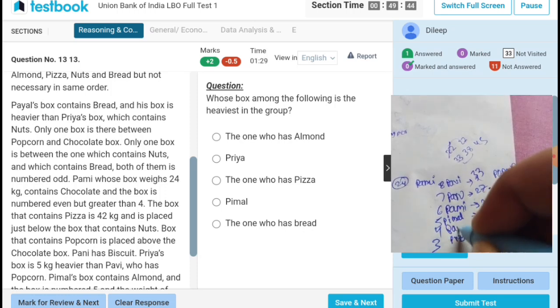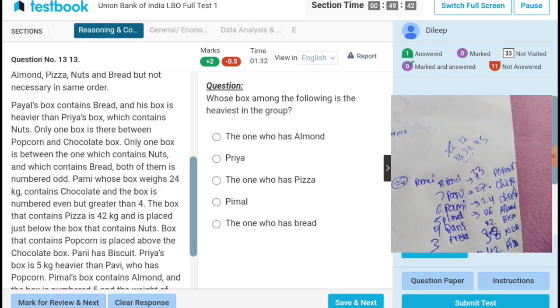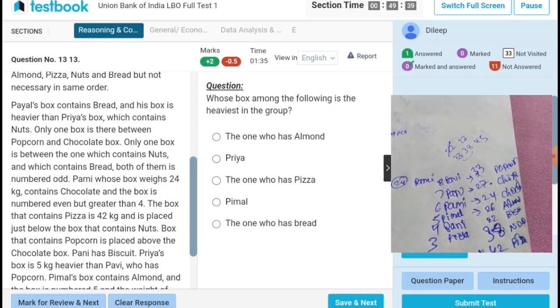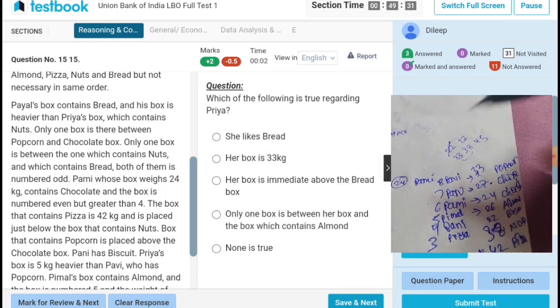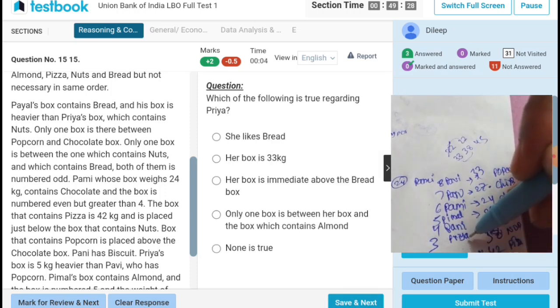So Paneer is biscuit. Heaviest in the group is Payal, bread. Pizza is 42. Among the following two regarding Priya, she likes bread and she is 33. Her box is 33, immediately above bread. No, and one box between her box and, none is true.